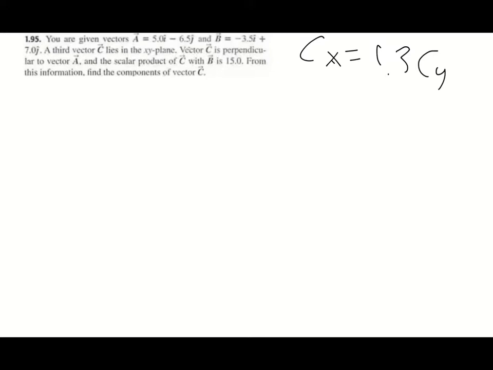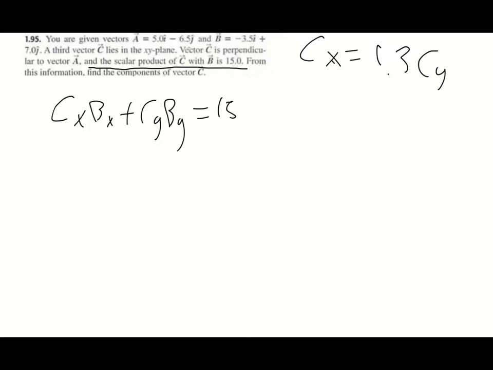The other piece of information is that the scalar product of C with B is 15. Now, order isn't going to matter in this case, but I'm still going to write it out. So CXBX plus CYBY, remember none of these have a Z component, is going to equal 15.